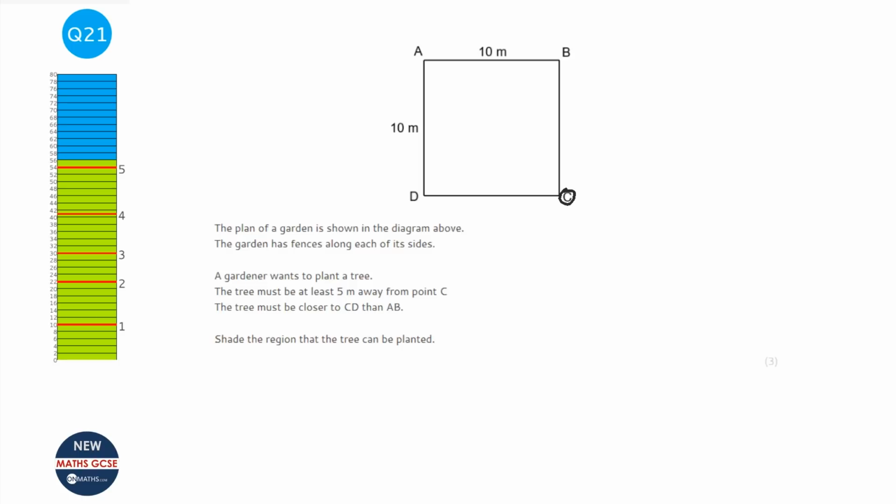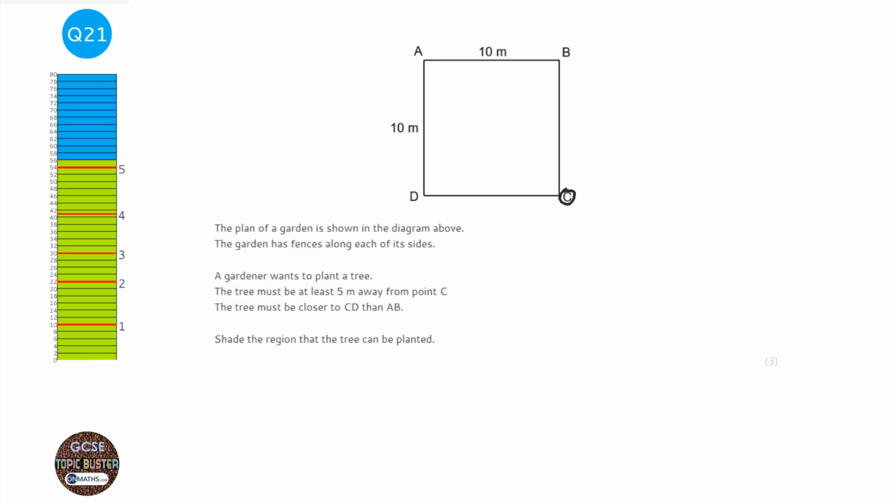Now, I'm going to find it very difficult to make this perfect because I can't draw circles or arcs on this. However, I'm going to try my best to show you roughly what it should look like when you do it on paper. So you need a compass for this, and with the compass, you would measure out 5 centimeters, which I'm sure is the scale of this. So you'd measure out whatever it says the scale would be.